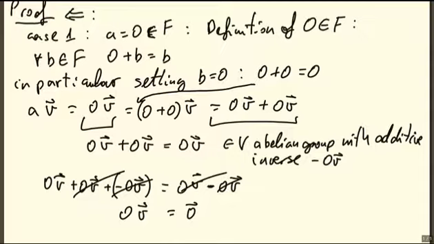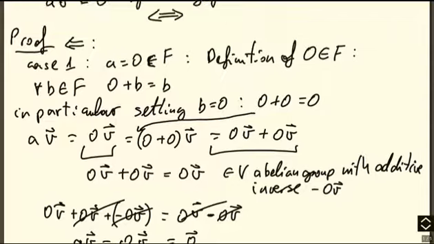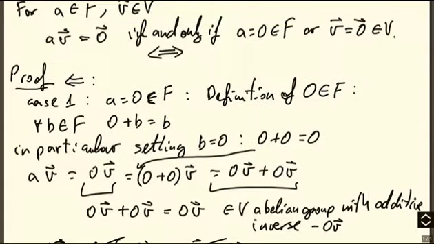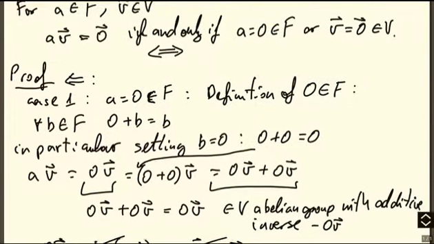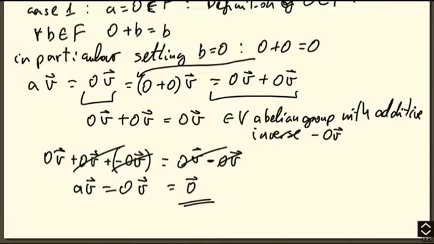So this shows that AV, which is 0V, is the 0 vector. And this is what we had to show to go from right to left, that AV is the 0 vector. So this was case 1, when A is 0.